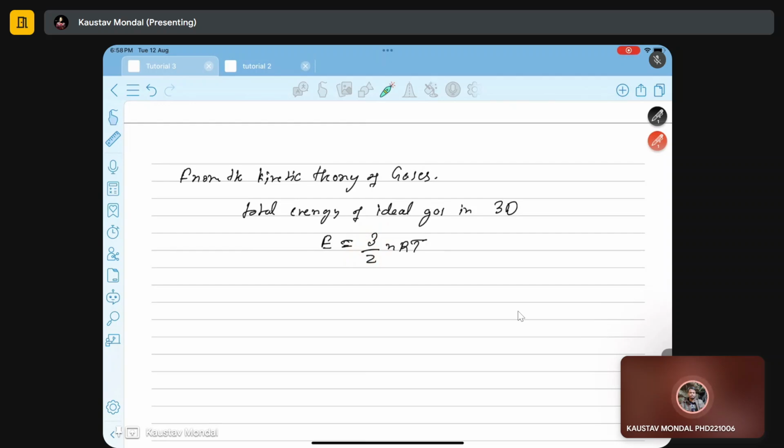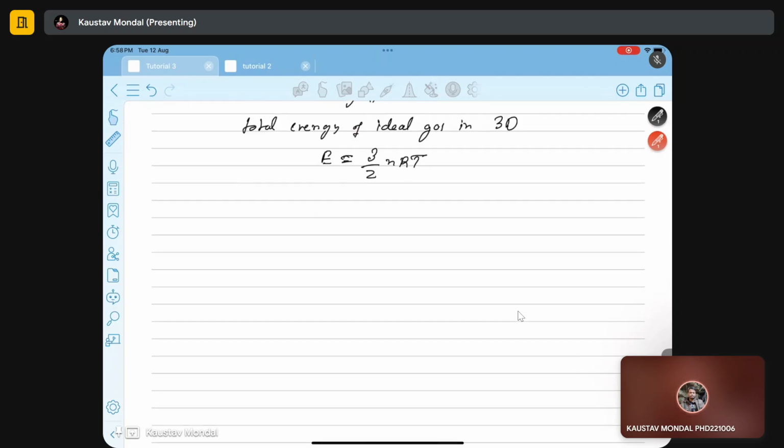So from kinetic theory of gases, if we already know the expression of the total energy, then the internal energy expression would be simply U equal to U0 plus 3 by 2 nRT.